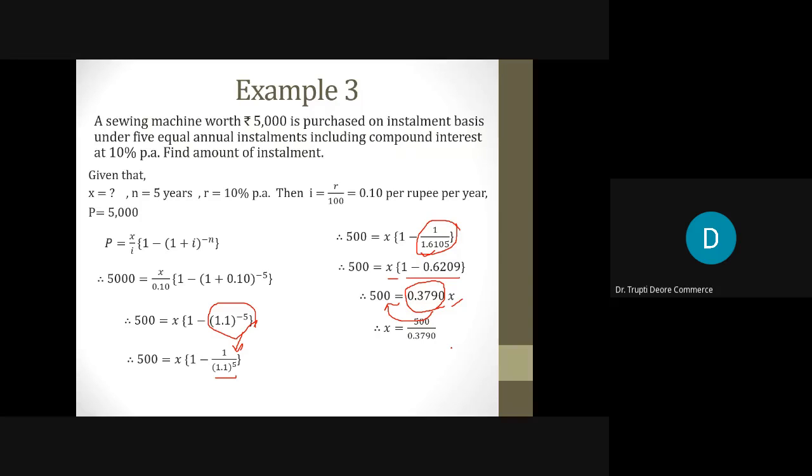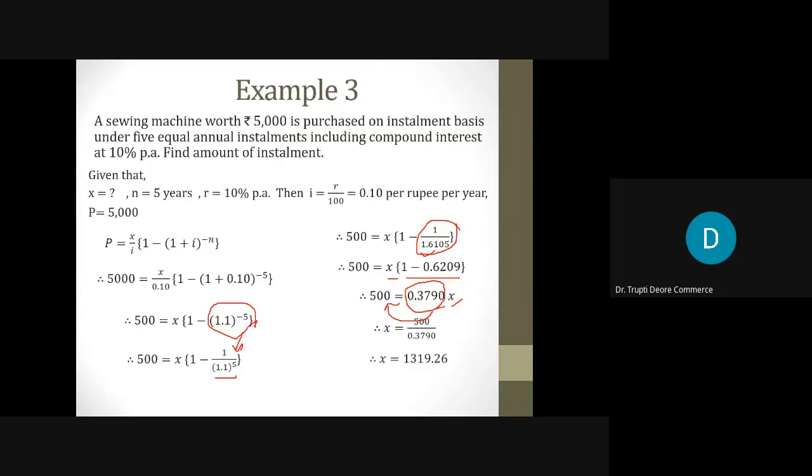So check out the answer. What is the answer? 1319. Right, Tanmay? 1319. Yes, 1319.26.